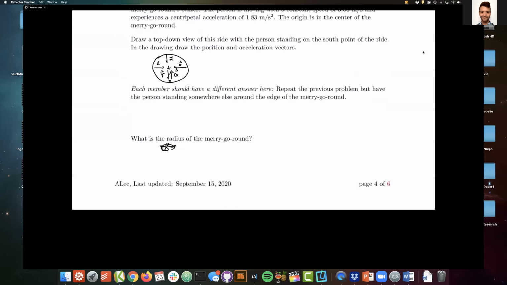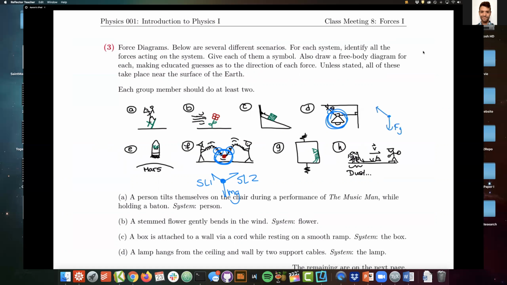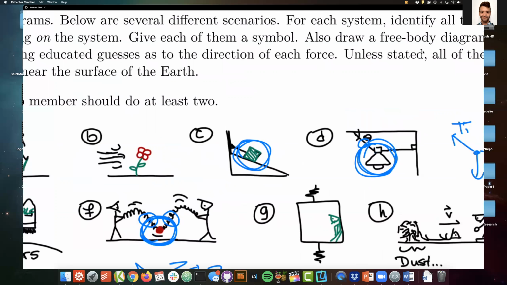In the case of D, the lamp has gravity pulling down. Then it's also in contact with the ropes. So there might be some tensions from those ropes. And that's it. That's the only things that are touching the lamp, gravity being the exception. Similarly, this box on the ramp, it is in contact with the ramp itself.